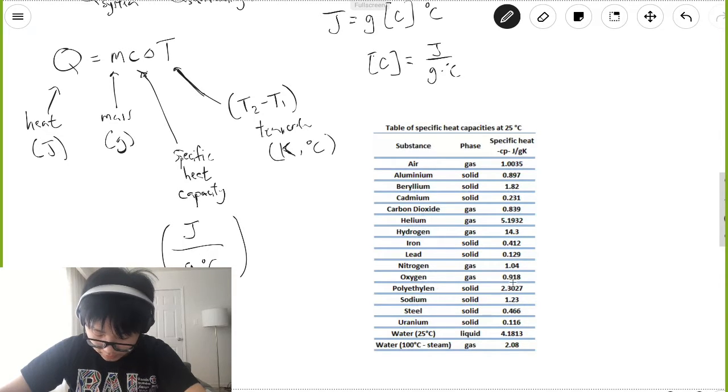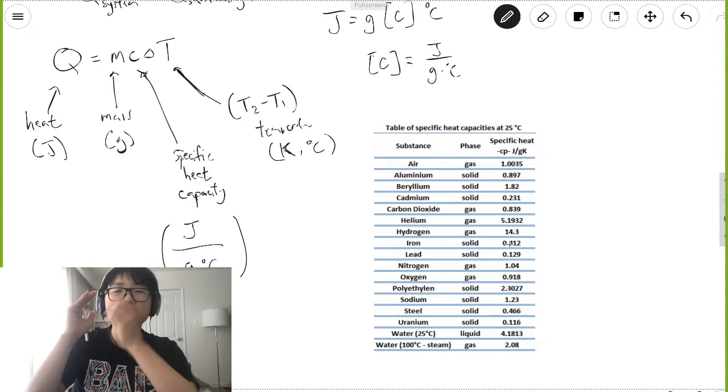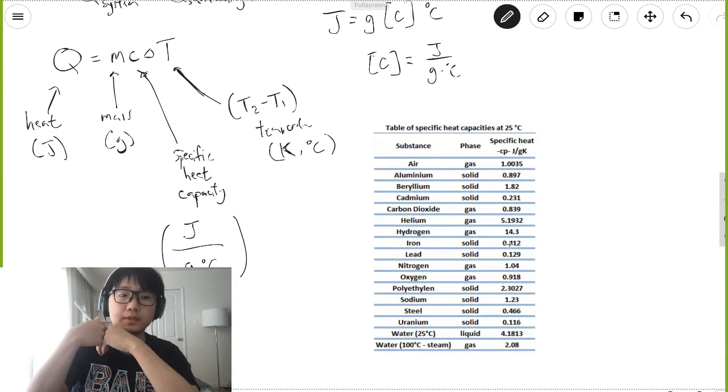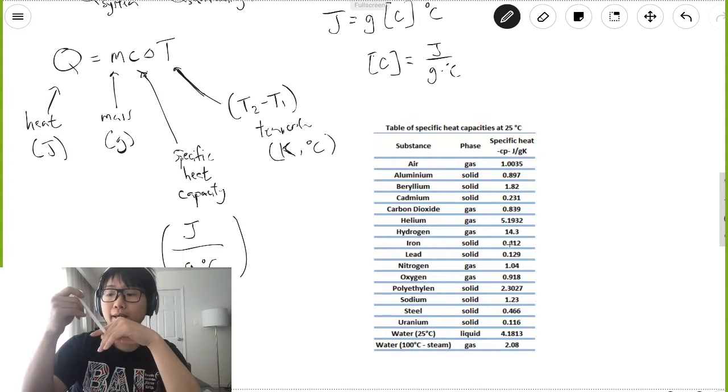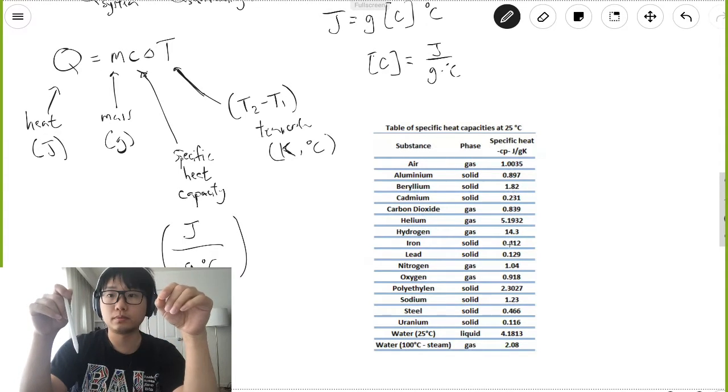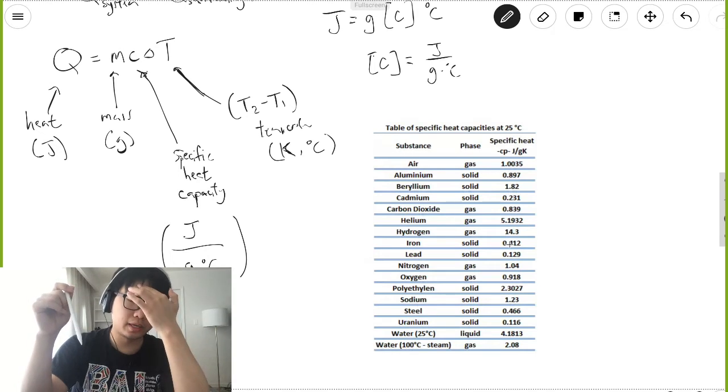If we look at some metals, like lead and iron, look how small that is, 0 point something. That's one of the first lessons I remember from science class back in elementary school in Hong Kong, grade 2. They talked about the heat conductivity of metal versus non-metal, like rubber.